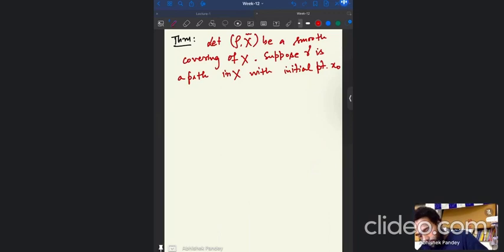Let us take rho of x naught tilde to be x naught.